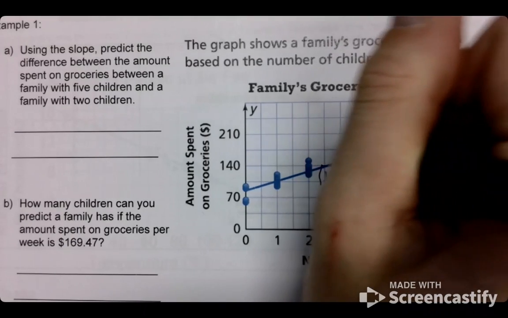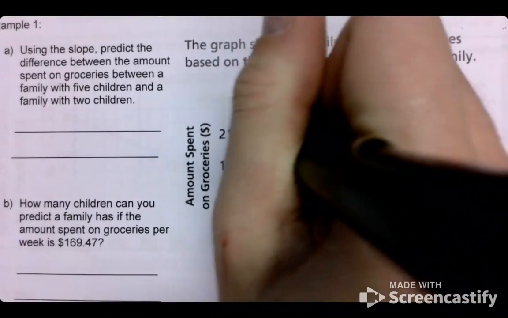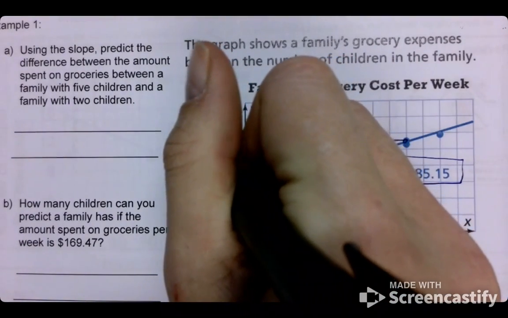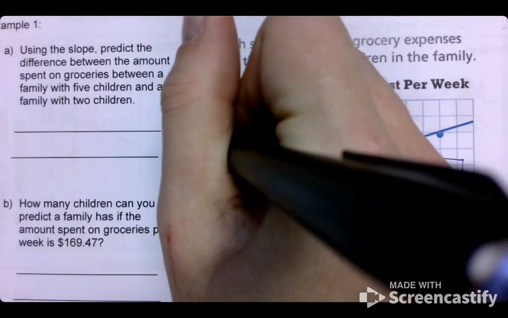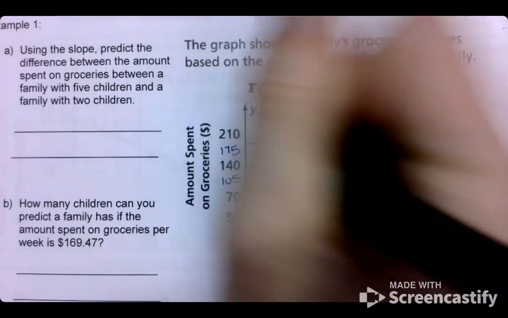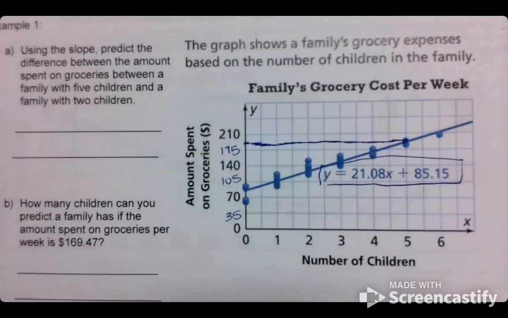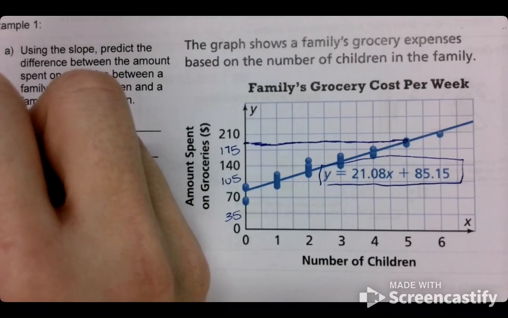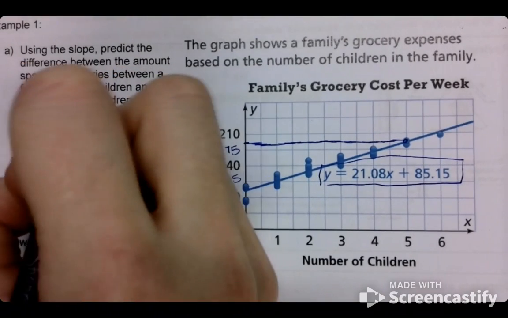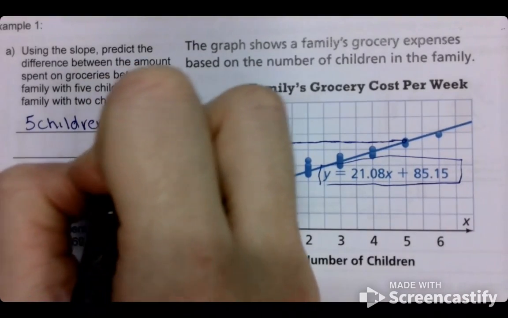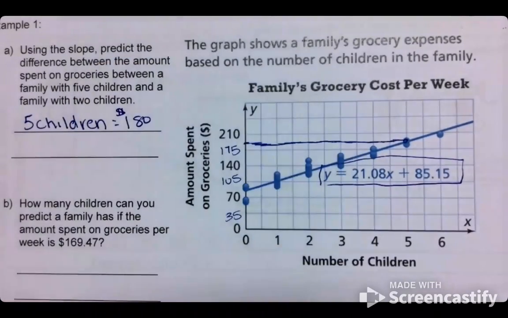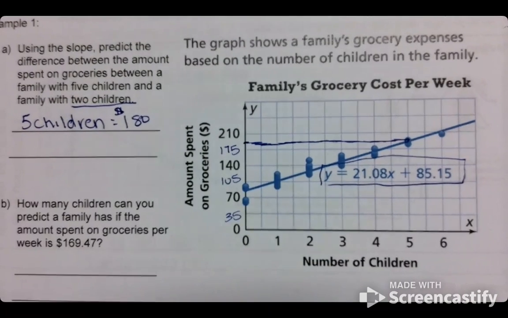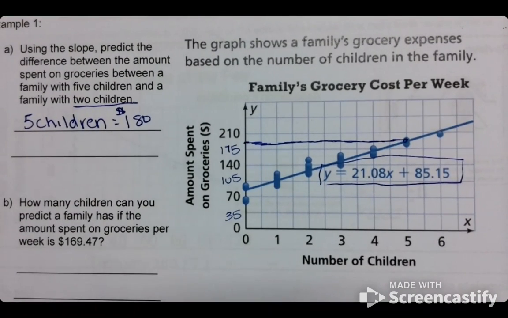And then if we go over, this is 35, 105, 175. So what would that be about? Maybe 180. So 5 children is $180. I want you to do the same thing for 2 children and see if we get the same answer.